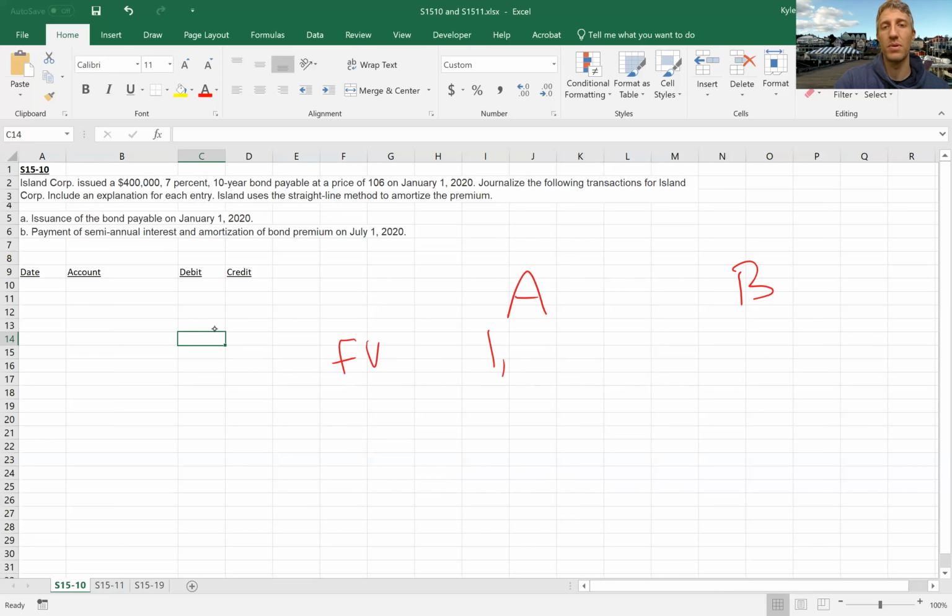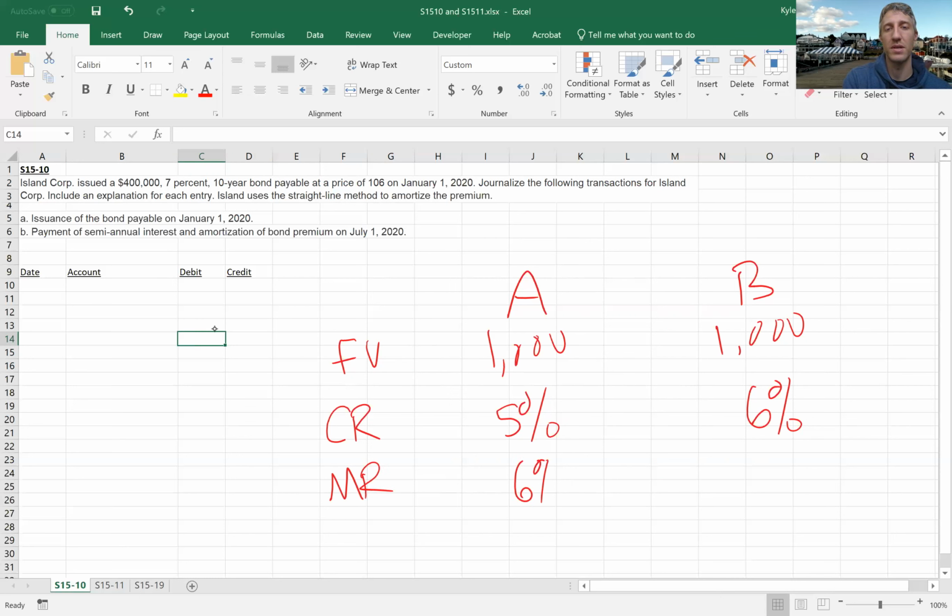Both are going to issue a bond that has a face value of $1,000. The coupon rate for company A, though, is 5%. The coupon rate for company B is 6%. And let's assume the market interest rate, I'm going to call it MR, is 6%.